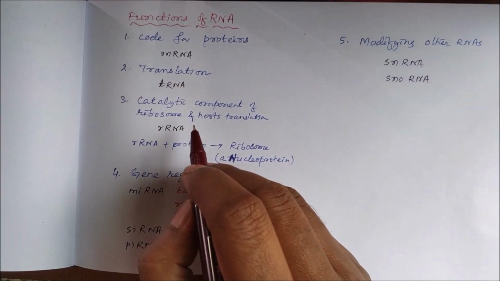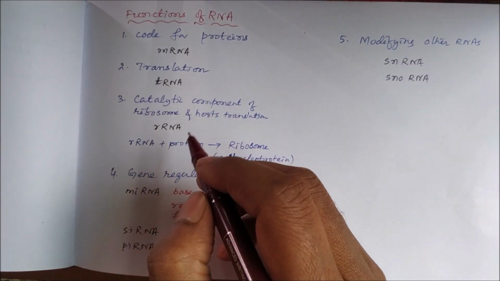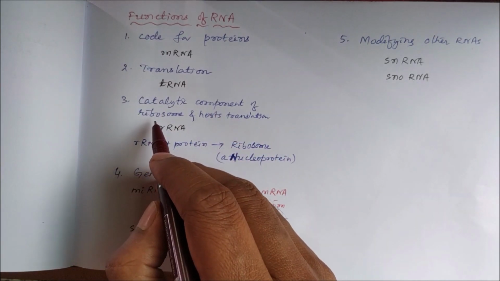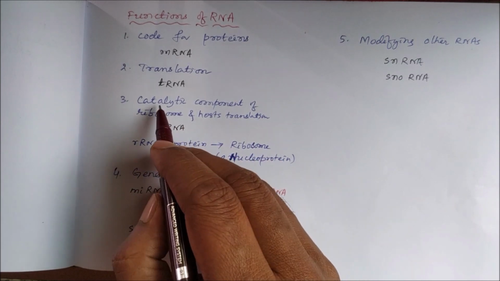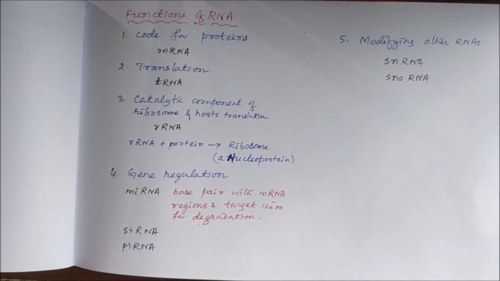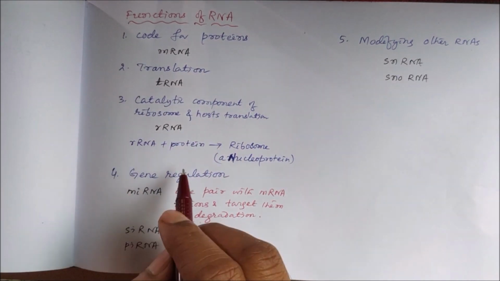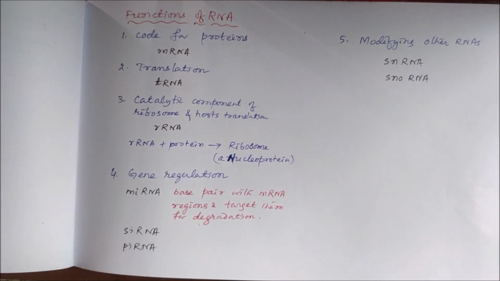And as I discussed, the ribosomal RNA along with protein forms a nucleoprotein called the ribosome. So we can say that ribosomal RNA is the catalytic component of the ribosome, and it hosts translation because the ribosome is the site of protein synthesis. So this is the function of ribosomal RNA.